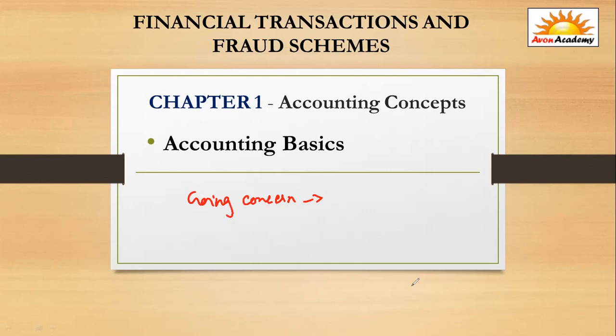You know the three types of accounts, right? You have the real accounts, you have the personal accounts, and then you have the nominal accounts. A real account is something that you can feel, see, and touch.